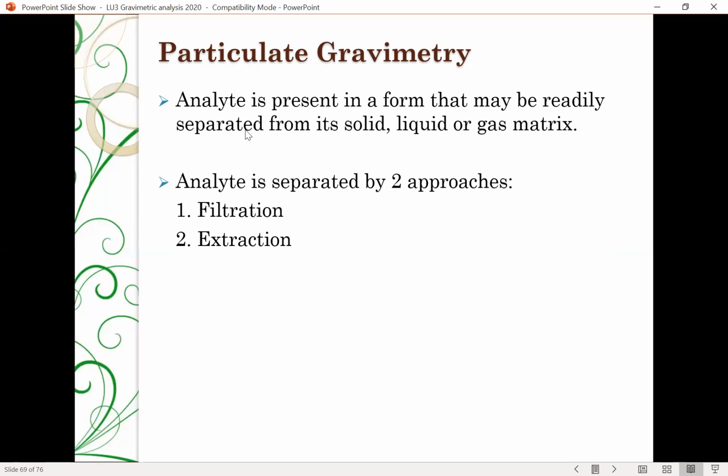So in this case, the analyte is present in a form that may be readily separated from its solid, liquid, or gas matrix. All we have to do is just to separate and take them out using either filtration process or extraction process. Okay.